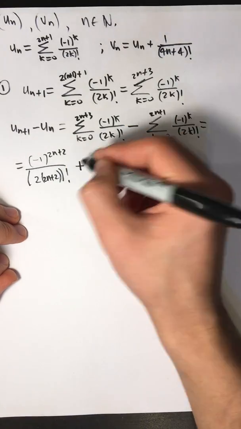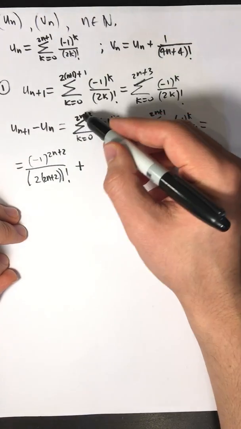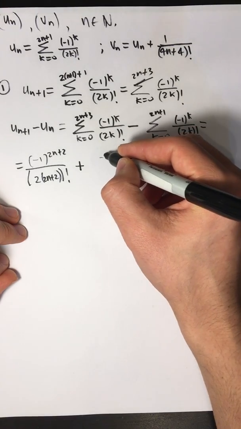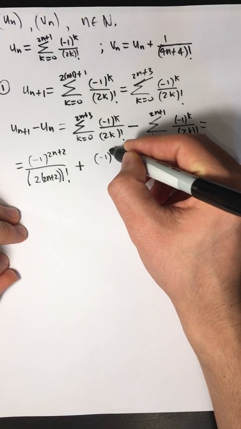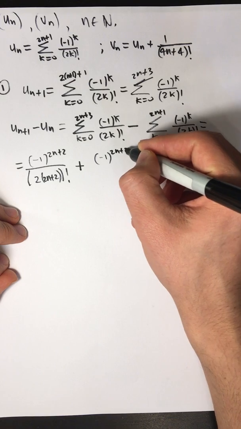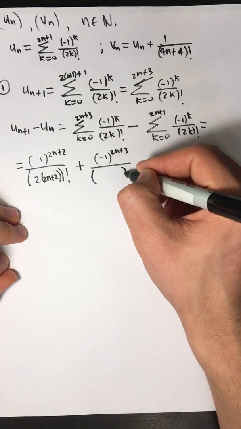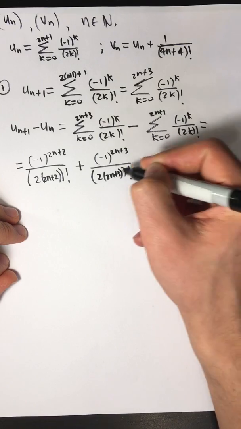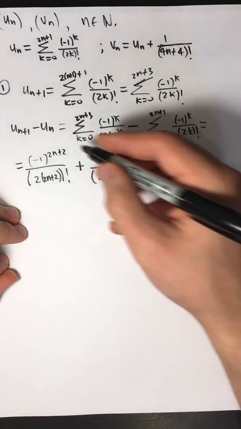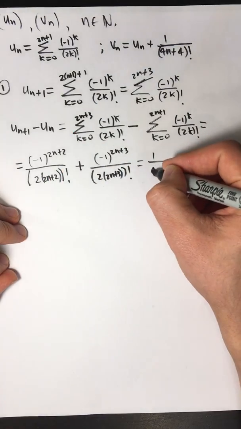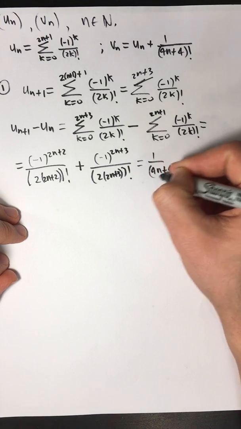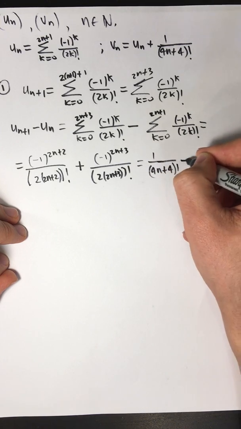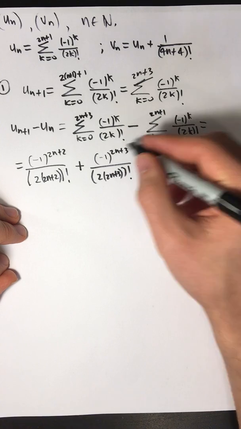Plus, the next term is 2n plus 3 left. So minus 1, instead of k you write 2n plus 3 now, with factorial 2 times 2n plus 3. And now this is equal to 1 over 4n plus 4 factorial. This is minus because the power is odd.